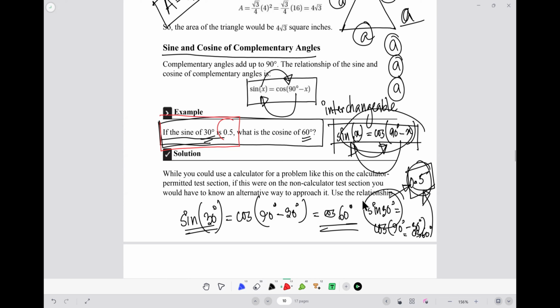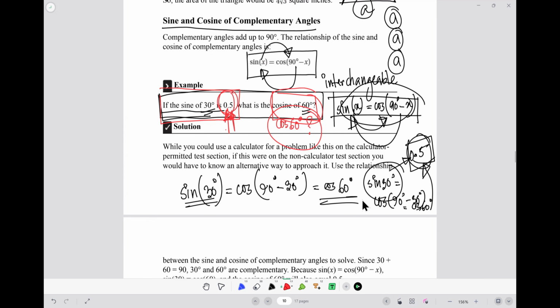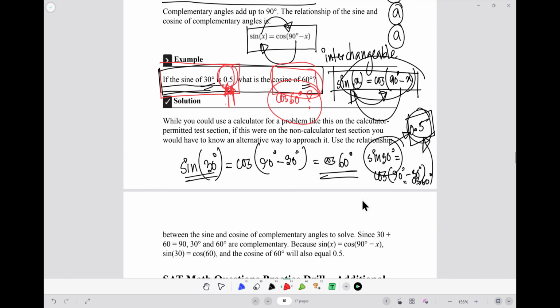This value is given here, and we just need to find the value of cosine of 60 degrees. What is the value of cos 60 degrees? We're just using a little bit of a trick technique.